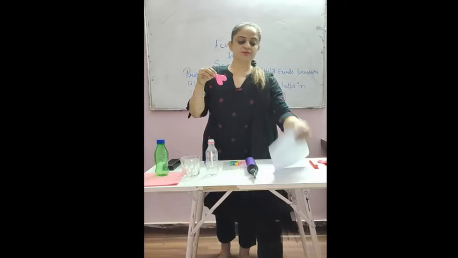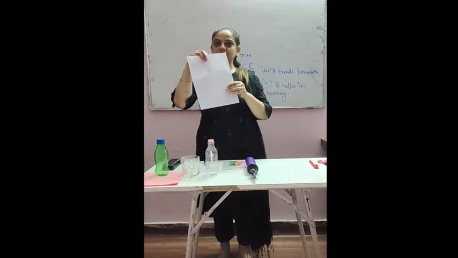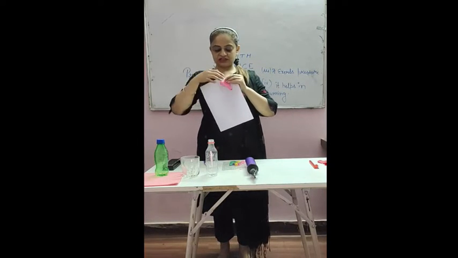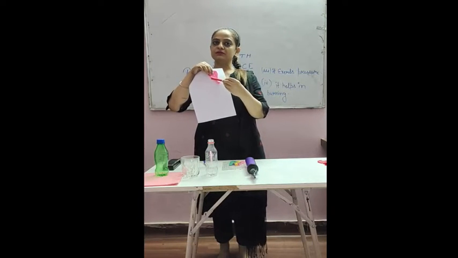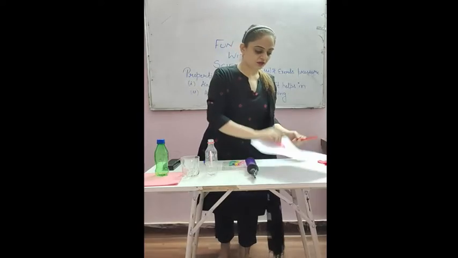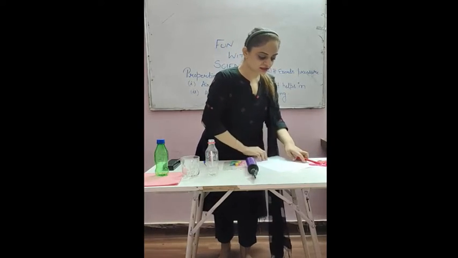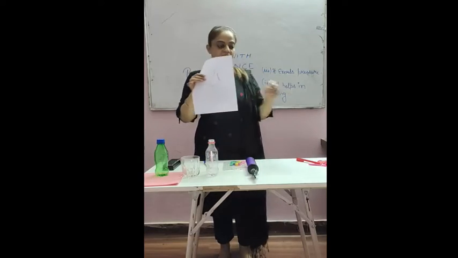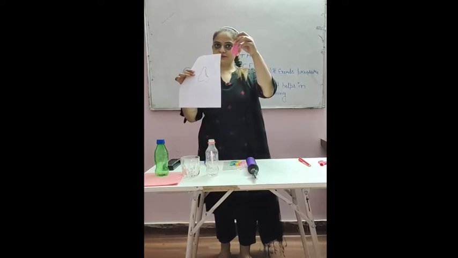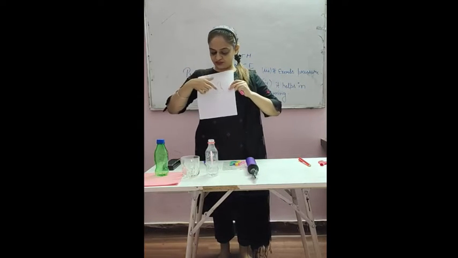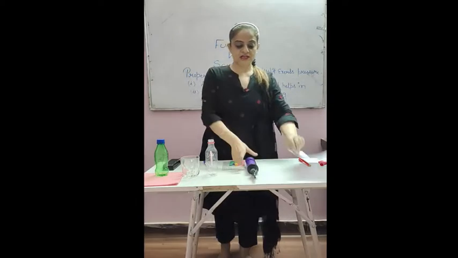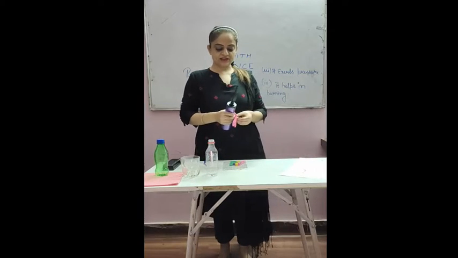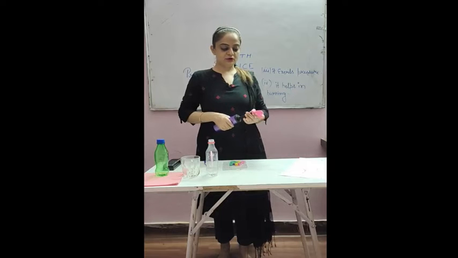Now take a plain sheet of paper, keep the balloon on it, and sketch out the outer boundary of the balloon. Once you do this, you will find that this deflated balloon occupies only this much space. Now, let's try to fill this balloon with the help of a pump.